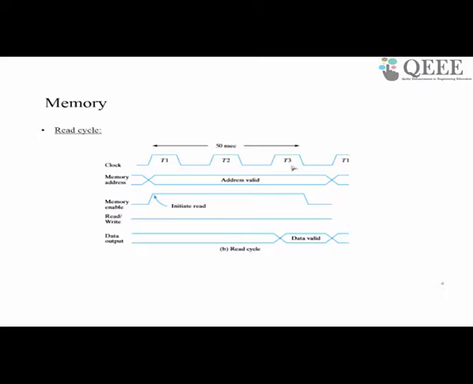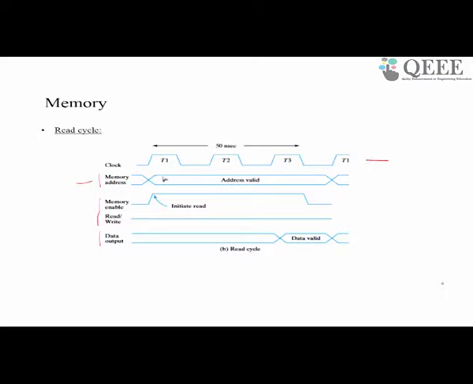So we have shown against the clock signal the different related lines in the form of separate lines or buses. One is the memory address bus, another is the memory enable line, then the read write control lines and the data bus. So at the beginning of the read cycle, the address is placed on the memory address bus.